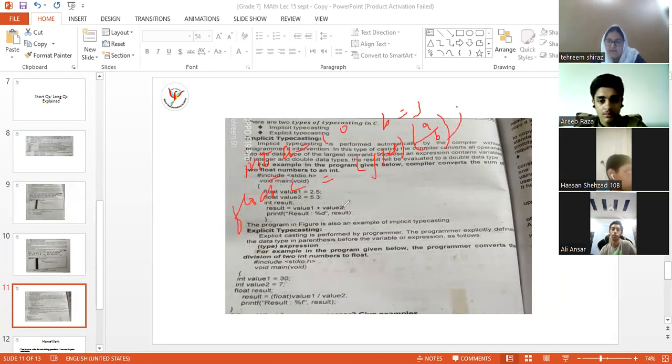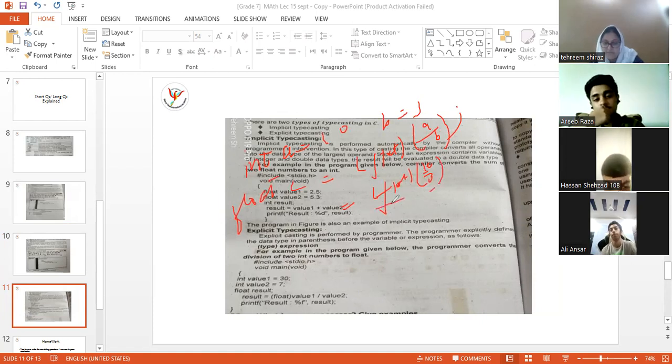Now what will the computer do? Float, putting the values of a and b, 10 by 3. Now both the numbers are in the bracket. What will the computer do? When both the numbers are in the bracket, this is an associativity property where the computer will take from right to left.